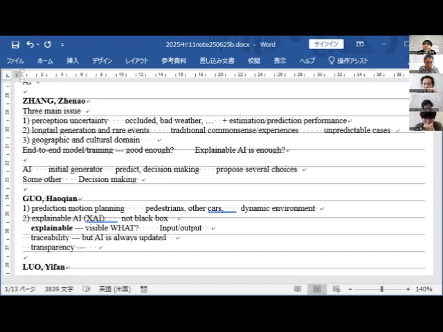Because the input has many features, for example, the car, the road, the people. The explainability is about which feature makes the AI model make the decision. Is it the car, the people, or the road? I think this is the meaning of explainability.